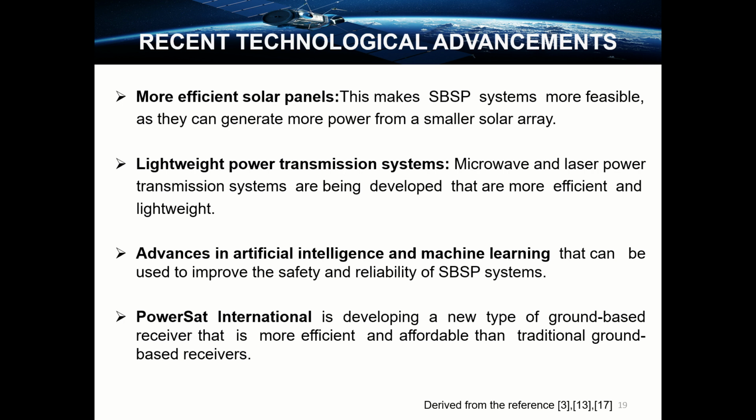Third, advances in artificial intelligence and machine learning, which can be used to improve the safety and reliability of space-based solar power systems. Fourth is PowerSat International, which is developing a new type of ground-based receiver that is more efficient and more affordable than traditional ground-based receivers.